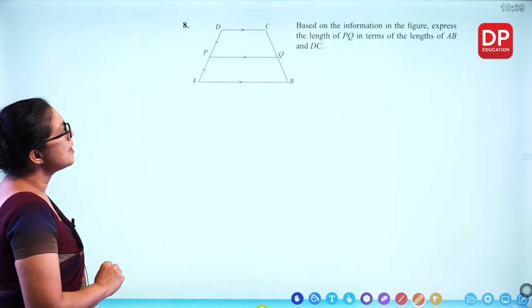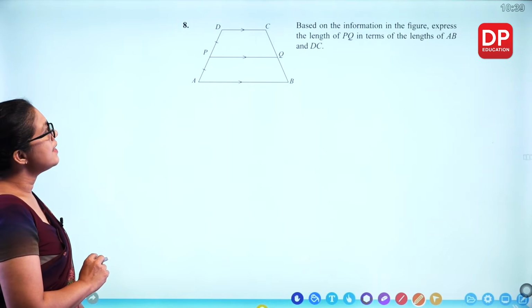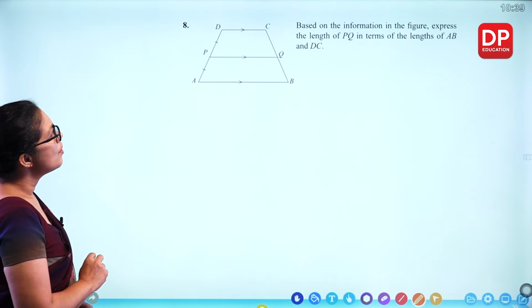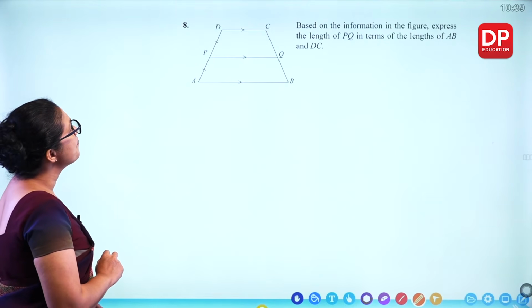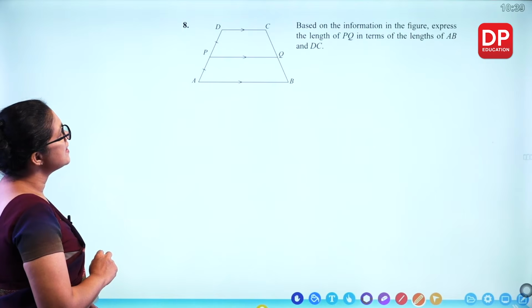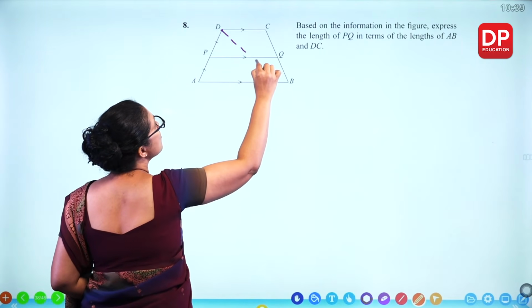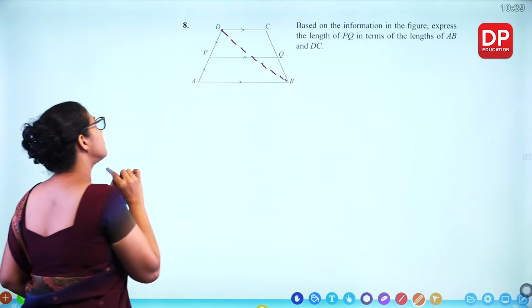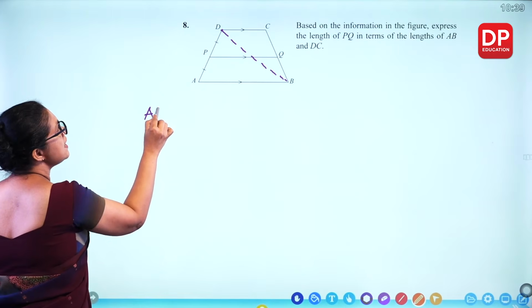Question number 8. Based on the information in the figure, express the length of PQ in terms of the lengths of AB and DC. We'll connect B and D. What can you say about the ABD triangle?